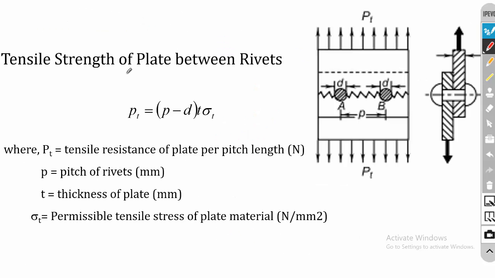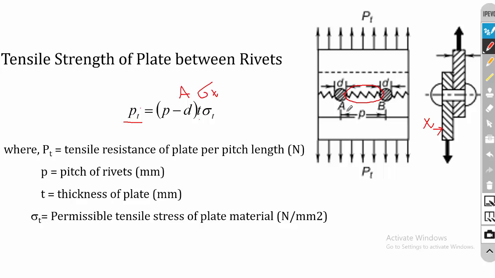And the tensile strength of plate between two rivets. The second possibility of failure is failure of the plate in this region when the tensile load is applied. In between these two rivets, there may be a possibility for plate failure. So the load P_T is equal to area into, since it is tensile, the stress sigma_T. Here area is the length into thickness of the plate, where the thickness is t.